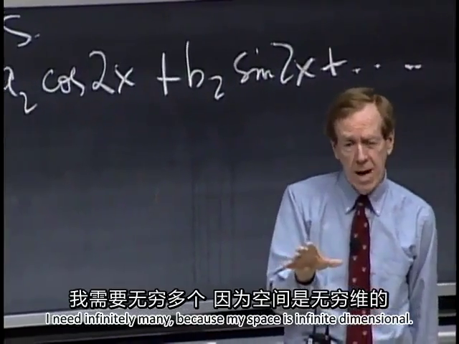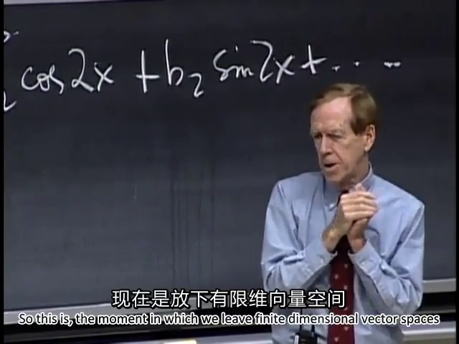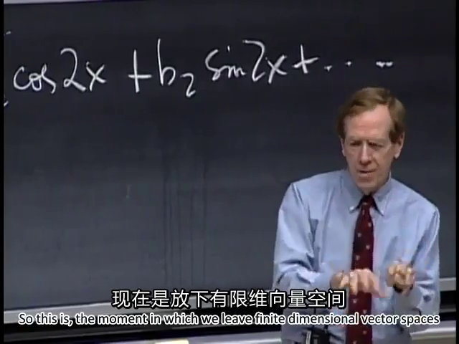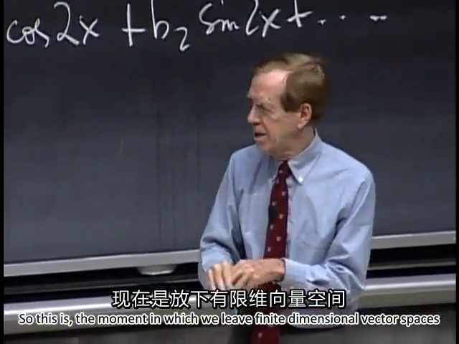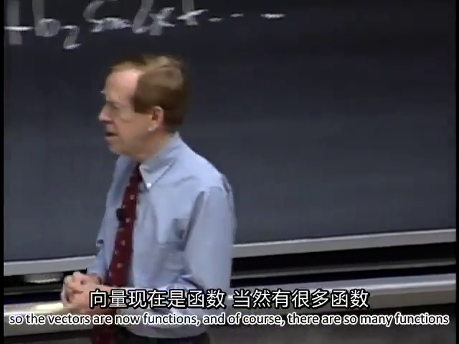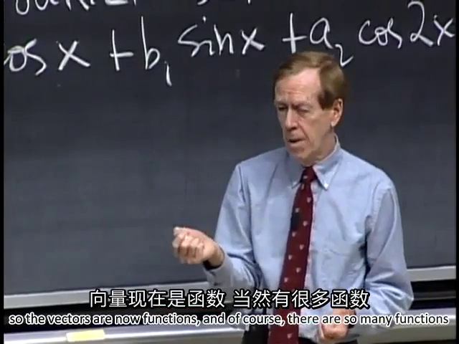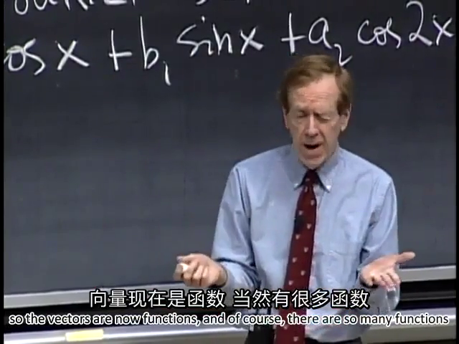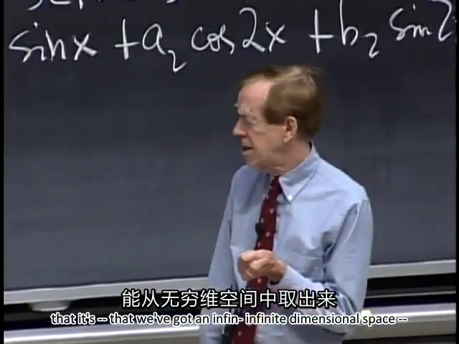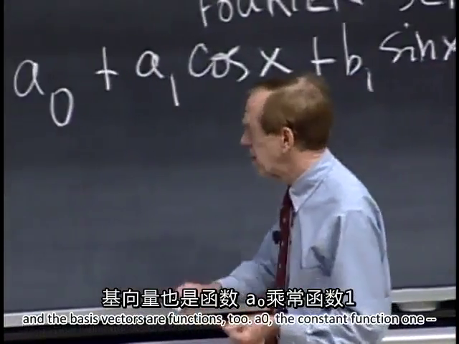I need infinitely many because my space is infinite dimensional. So this is like the moment in which we leave finite dimensional vector spaces and go to infinite dimensional vector spaces. And our basis, so the vectors are now functions. And of course, there are so many functions that we've got an infinite dimensional space. And the basis vectors are functions too.